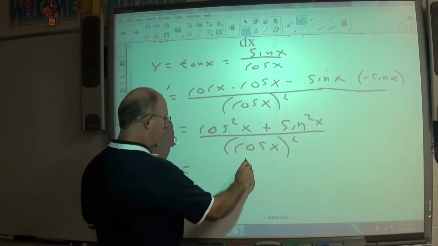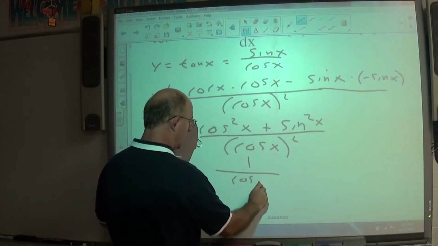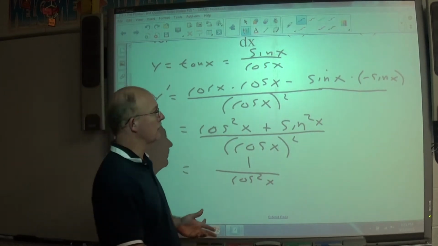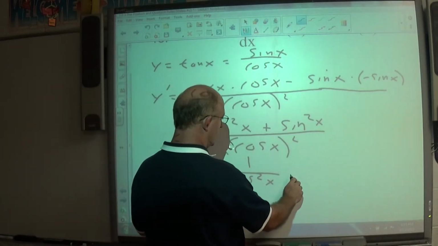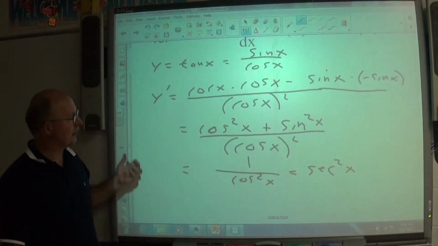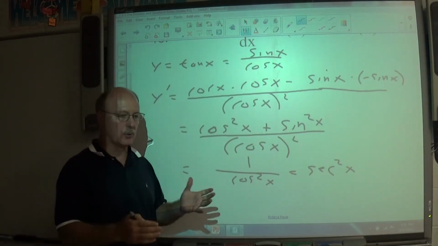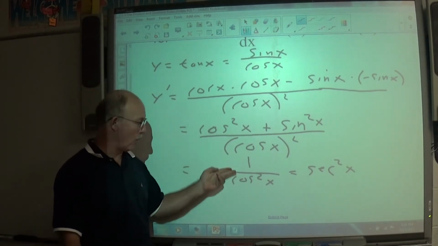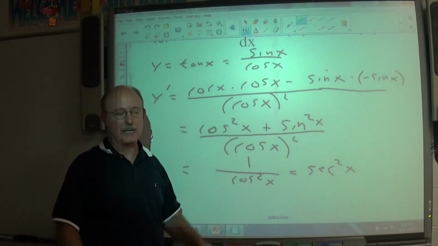So that'll simplify as 1 divided by cosine squared x. 1 over cosine is secant, so this is equivalent to secant squared x. So that's why you can just use the quotient rule to show that the derivative of tangent x is secant squared. So you end up with 1 over cosine squared x, which is secant squared x.